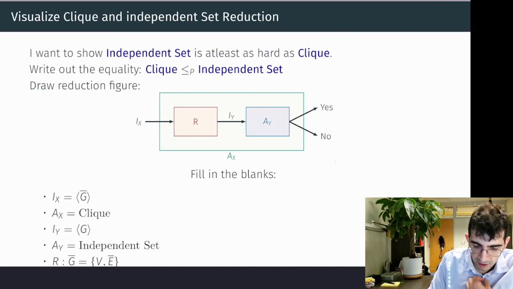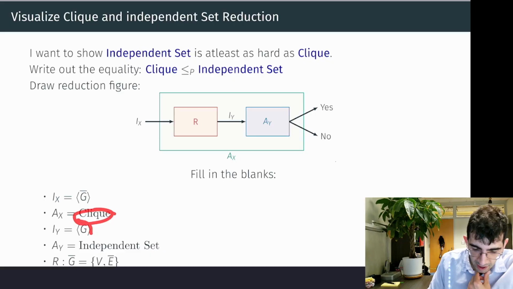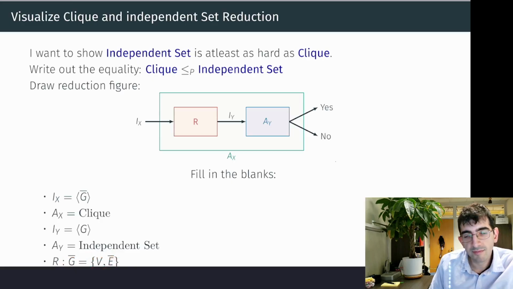Okay, so in this case, the input to the reduction is the complement graph. AX is clique, IY is the graph, AY is simply the independent set problem, and the reduction is simply calculating the complement graph.